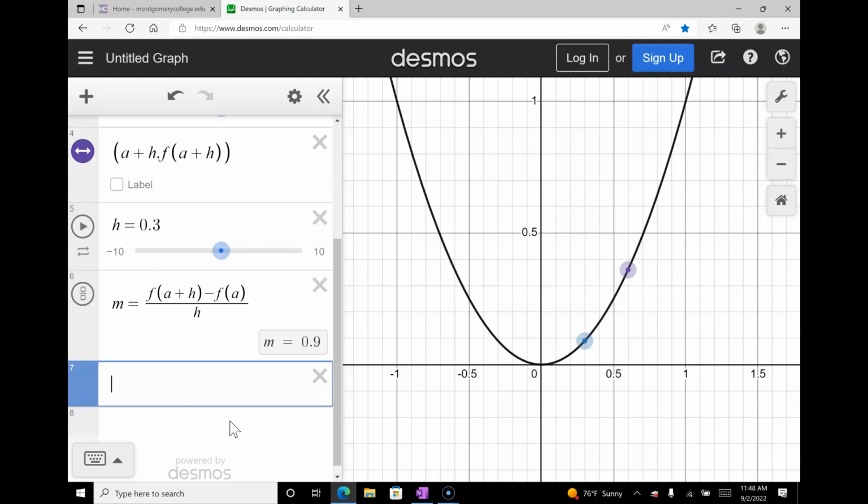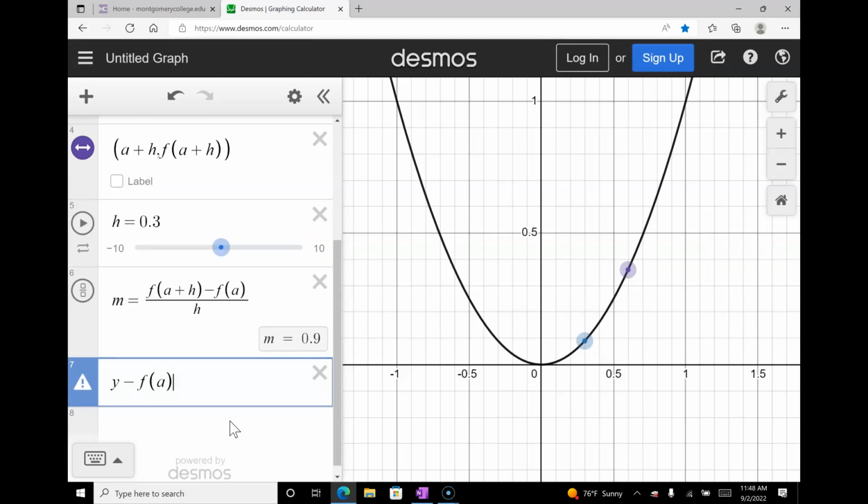So everyone okay here with my secant slope? Okay, now the equation of the line, what is it? Y minus what? What was my y1 value? F of what? F of a equals m times quantity what? X minus what?